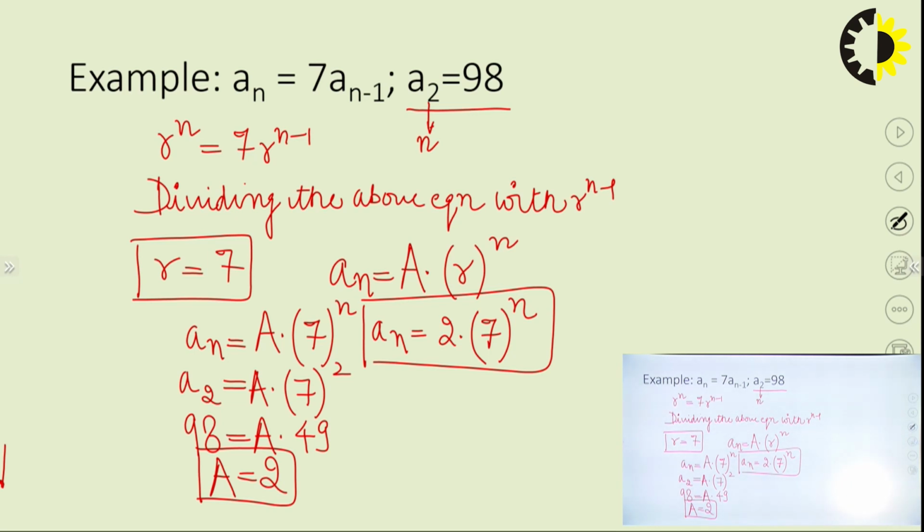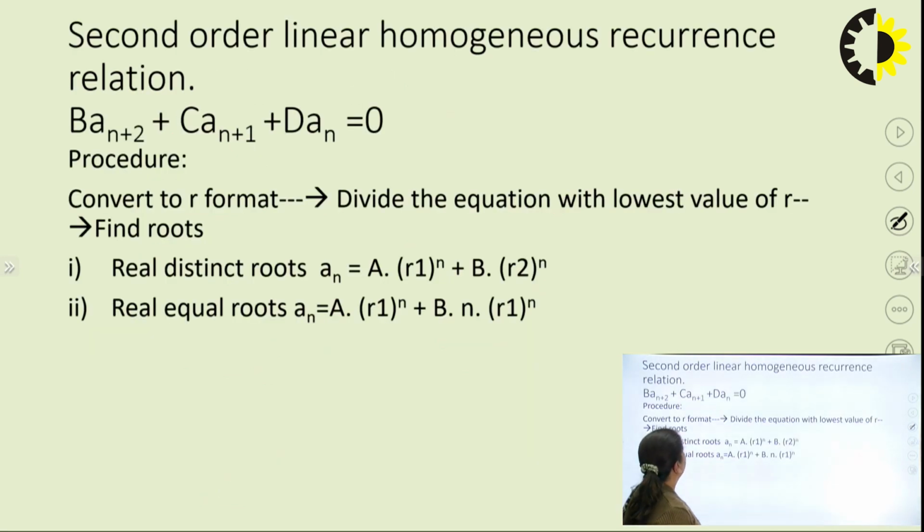So this is how we solve a linear first order recurrence relation, where our nth term is dependent on only one previous term. Now moving ahead, we will look at what we actually mean by a second order linear homogeneous recurrence relation. When I am talking about second order, it will be something like this.